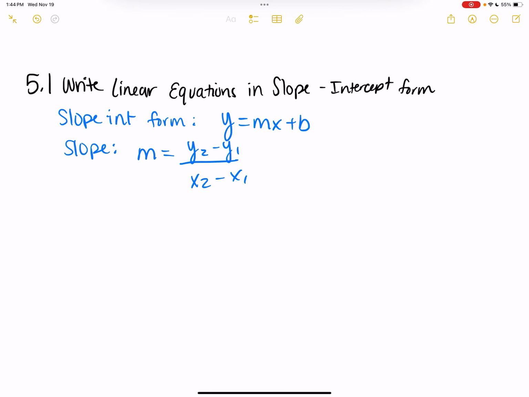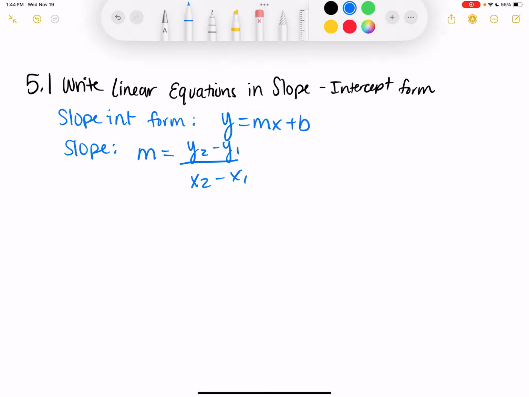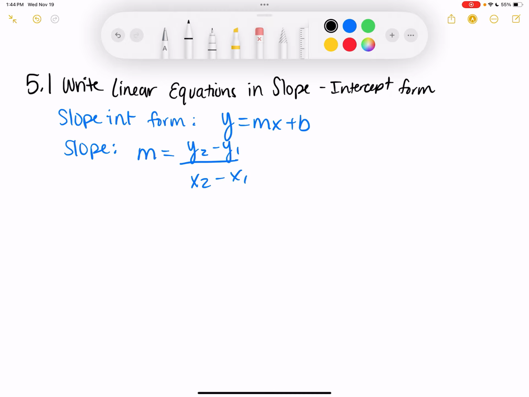Or they might give you 2 points and we have to use the slope formula to find the slope first, and then the point that is 0, whatever, is going to be your y-intercept. But we'll see all of that as we go through here. And then there's one other function notation thing that we'll look at as well.